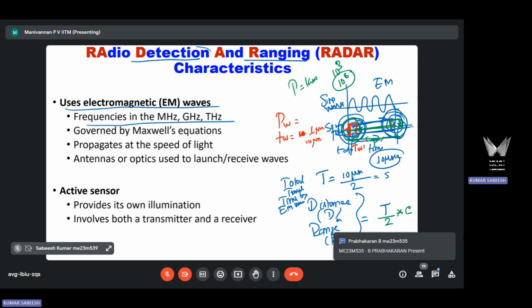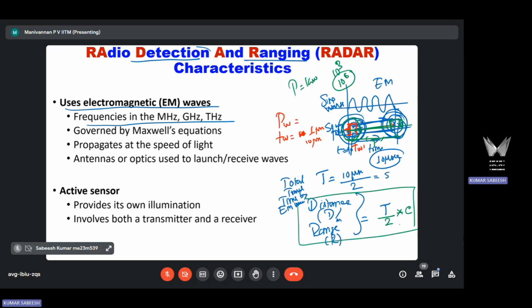Okay, now note down the formula. The distance or range of the object can be detected by sending an electromagnetic wave.